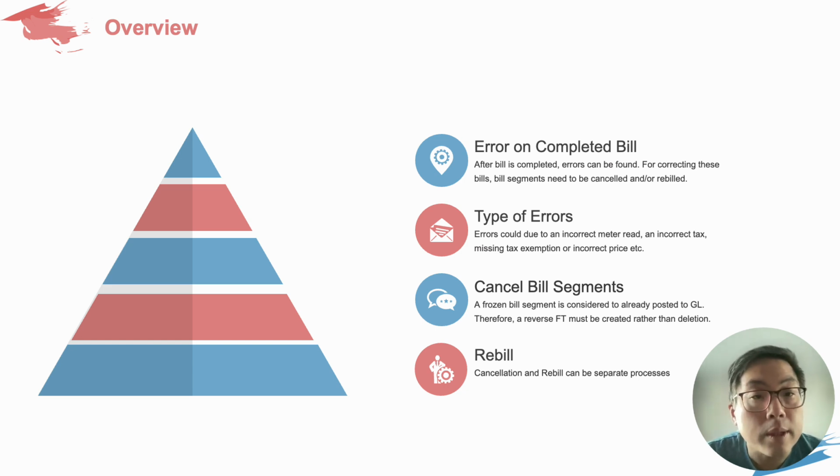So first of all, let's define what could be the errors in terms of a complete bill. Because if there is really a semantic error, or a predefined error within the validation, the bill should fail, or the bill segment should fail, and you should get to do something either on the bill segment or on the bill.